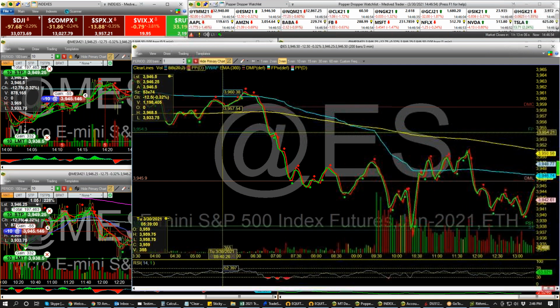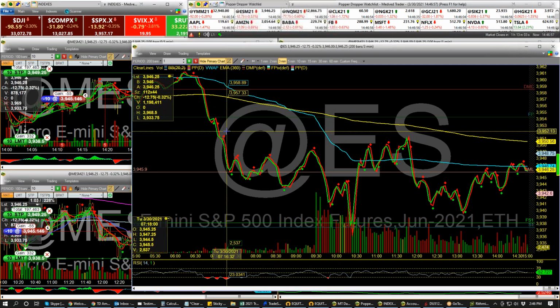So they're not options. They're an actual contract, a futures index contract. It's not an option, but it does have an expiration. They expire every 3 months, but it doesn't function like an option. You don't have time value and all that.